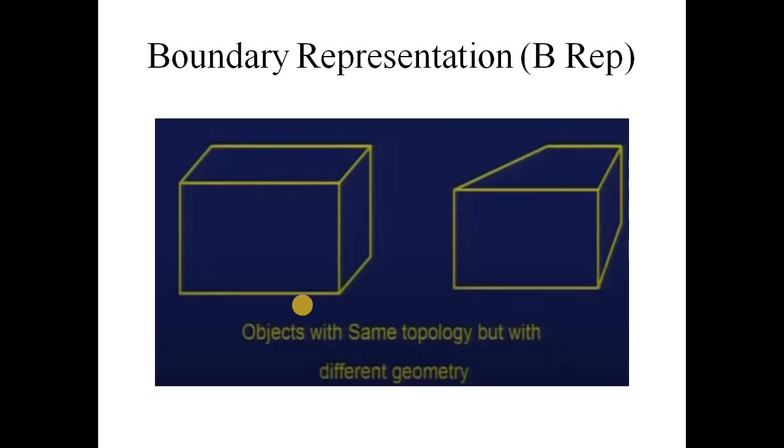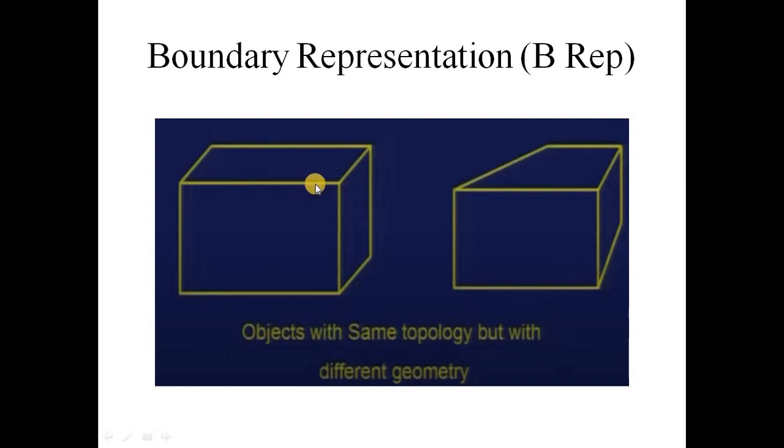I'll take another example of how the topological data and geometric data are used to make a solid model. Suppose this is a block and this is another block. If you see the topological data, the number of faces, edges and vertices in this block and this block is the same, and their connectivity is also the same.